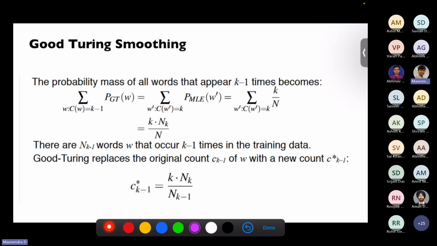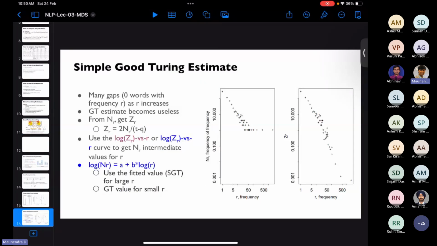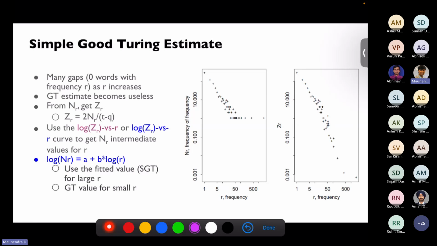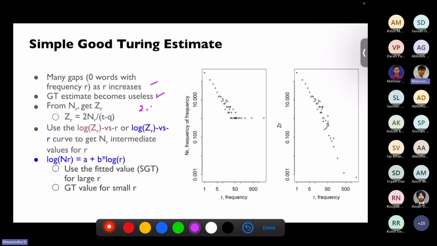So there are many gaps with 0 words with frequency r, as r increases, and in that case the Good Turing estimate becomes useless. Now from Nr we try to get Zr. So instead of using this Nr, we'll use something called Zr. What is Zr? They define Zr as twice Nr divided by t minus q.